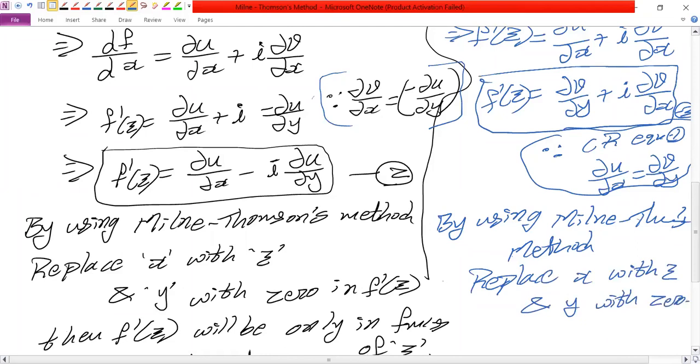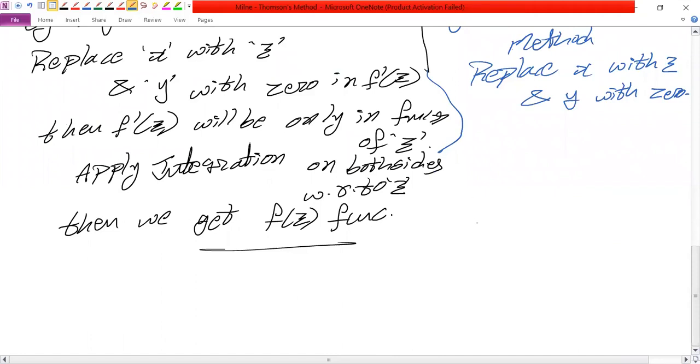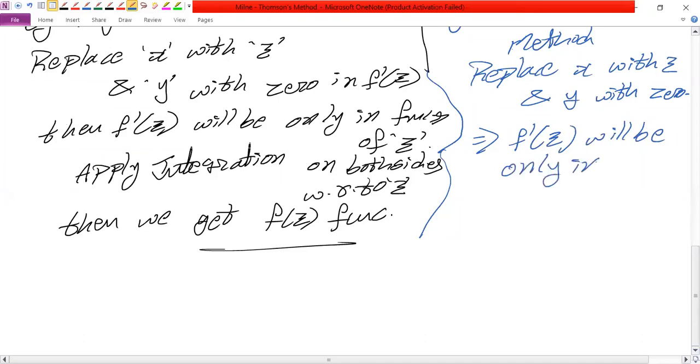If we replace this, we are going to get f dash of z only in functions of z variable. After we get like this, what we have to do? Apply integration on both sides with respect to z variable.